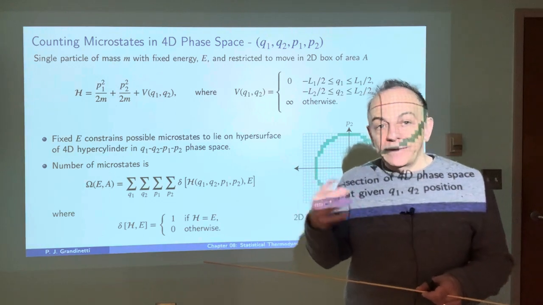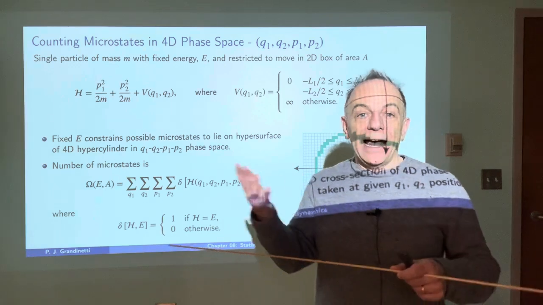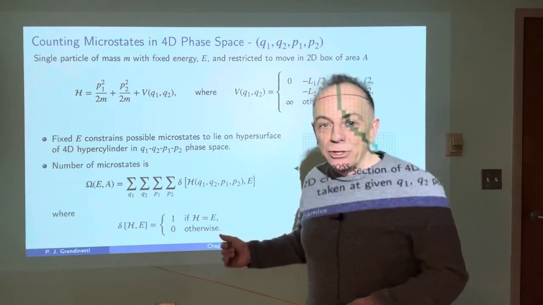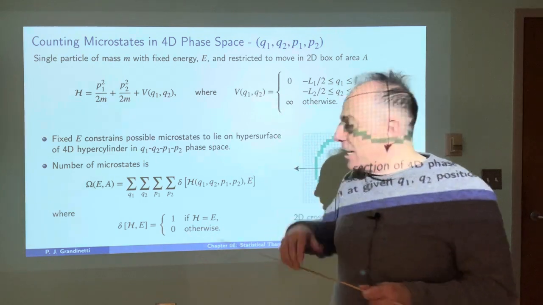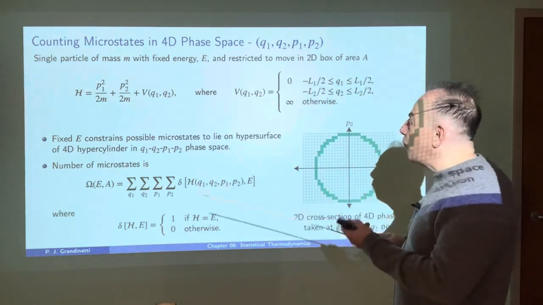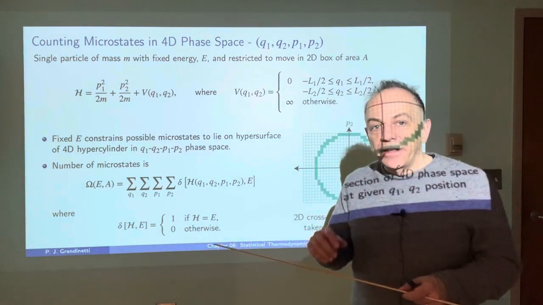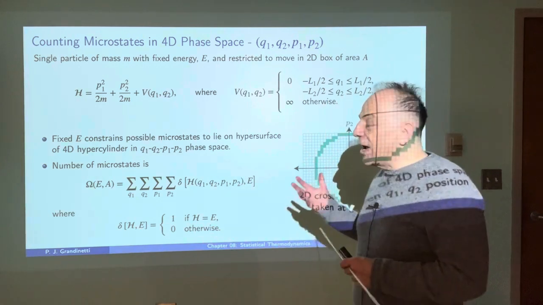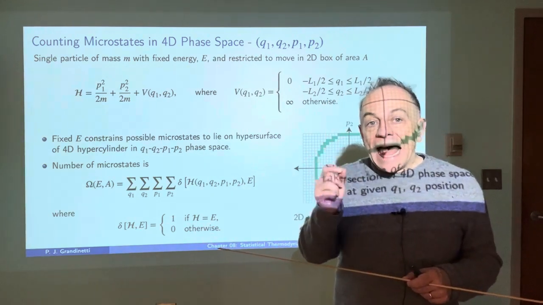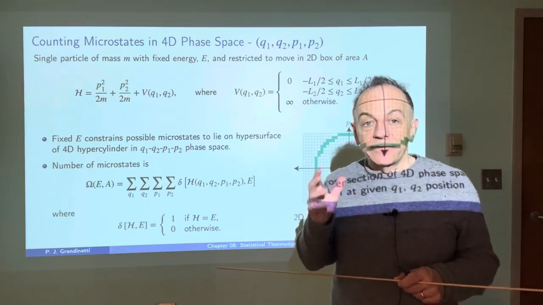Now already, with this 4-dimensional phase space, I can't plot that, particularly on a 2-dimensional screen here. So we have to start imagining this. But this is a 4-dimensional space. And if we think about the system which has a fixed energy, then that constrains the allowed microstates to be on some hypersurface in this 4-dimensional space.